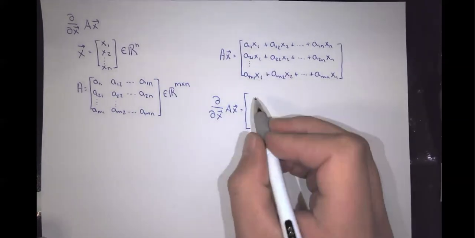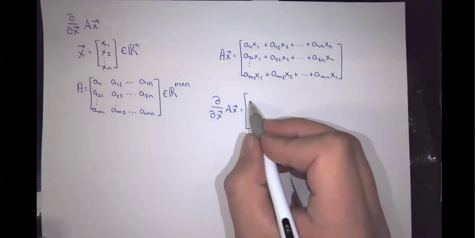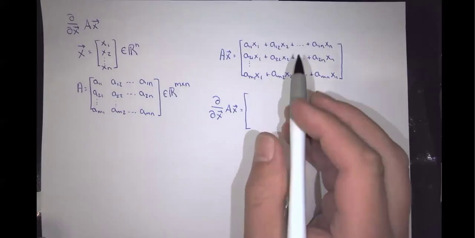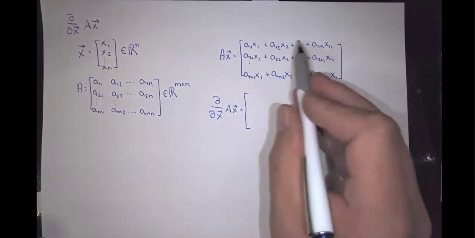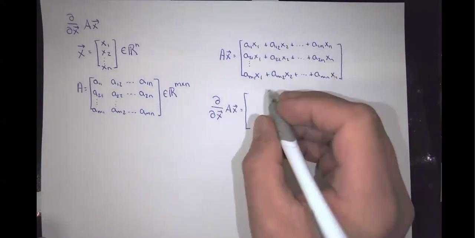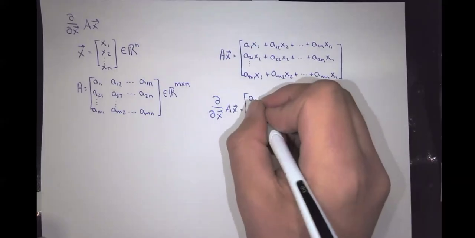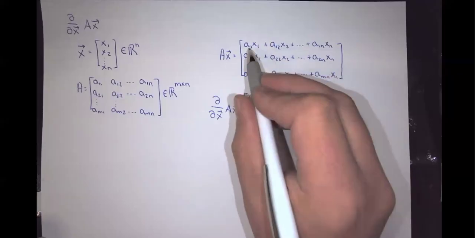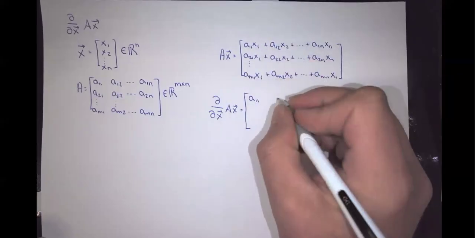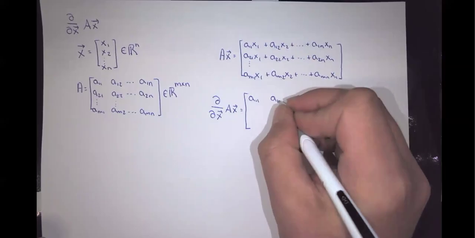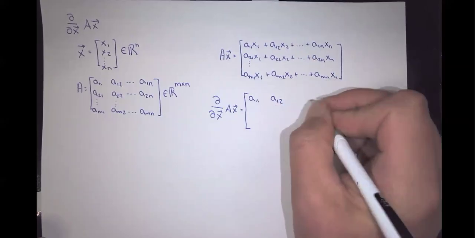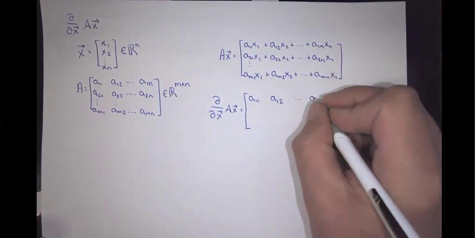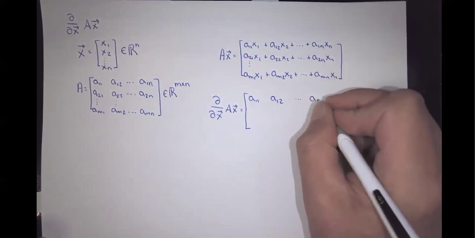Okay, so the 1,1 entry here is going to be function 1, variable 1. So the derivative of the first line with respect to x1 is A11. The derivative of line 1 with respect to x2 is A12. And that happens, etc. Derivative with respect to xn is A1n.